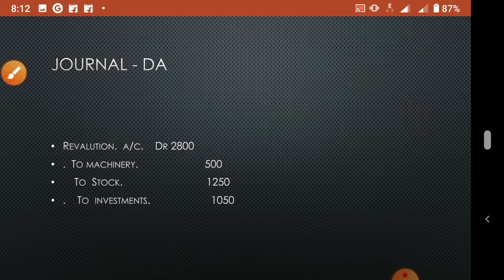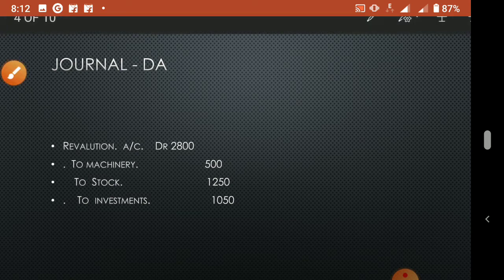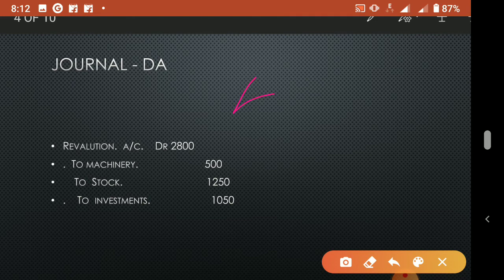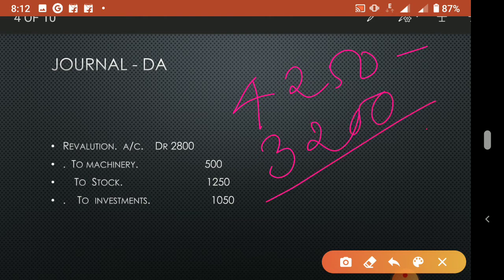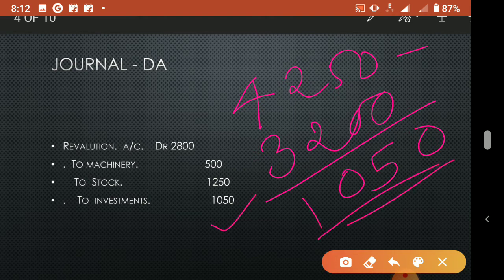In the balance sheet, what is the value of investment? 4,250. Now they are saying the investment value is 3,200. So what is the loss here? 1,050. So that difference we put in the investment. Understood? Okay.